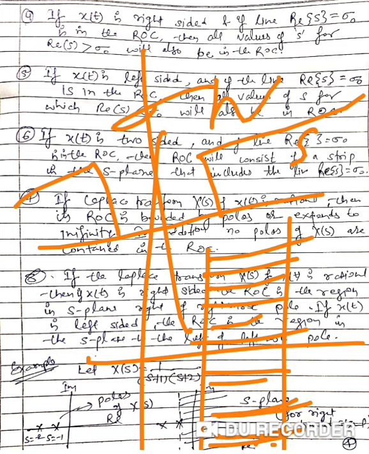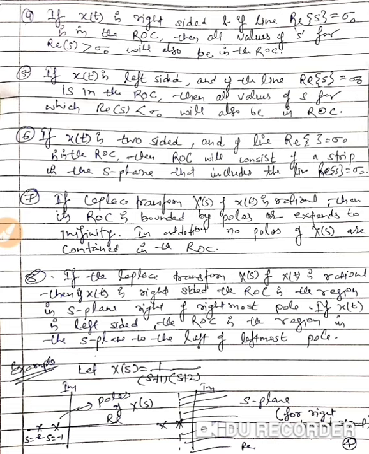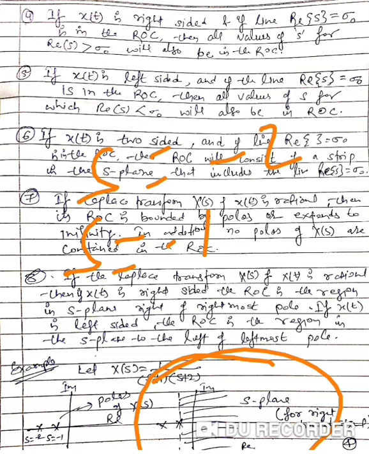Let us take an example where X of s for a signal xt comes out to be 1 upon (s plus 1)(s plus 2). As we can see, the Laplace transform of the signal xt consists of two poles, s equal to -1 and s equal to -2. So the ROC for a right-handed signal will look like this.